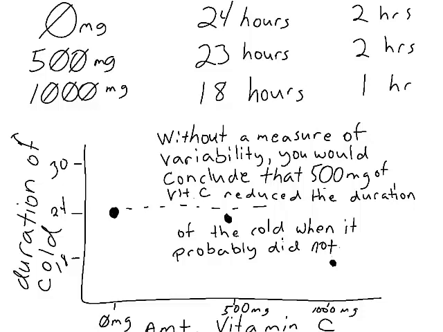So if things are very wide apart, you can make the assumption that they're probably different from each other. But anytime you've got data that's very close together, like we just talked about, 23 and 24 hours, you're really going to need statistics to tell you if those are really different from each other, at least numerically or statistically different from each other.